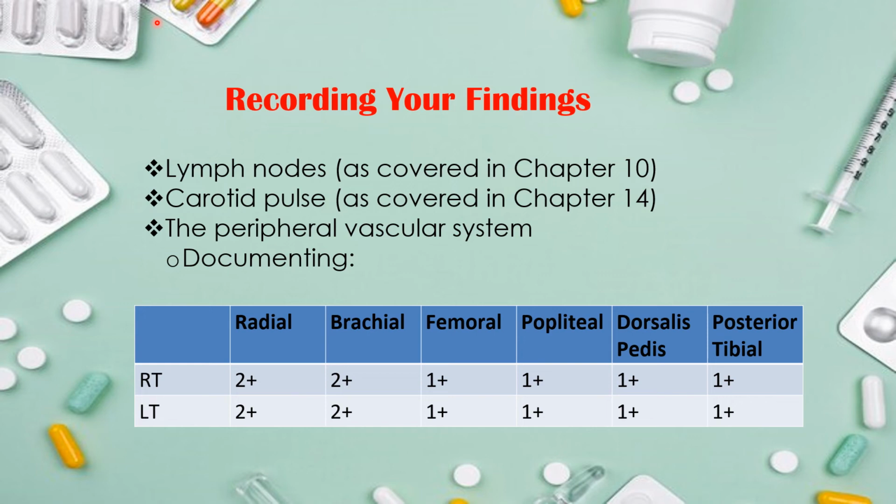Calves are supple and non-tender. No femoral or abdominal bruits. Brachial, radial, femoral, popliteal, dorsalis pedis, and posterior tibial are 2 plus and symmetric. Those are examples of your documentation.